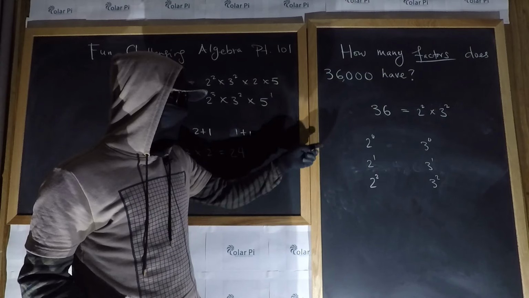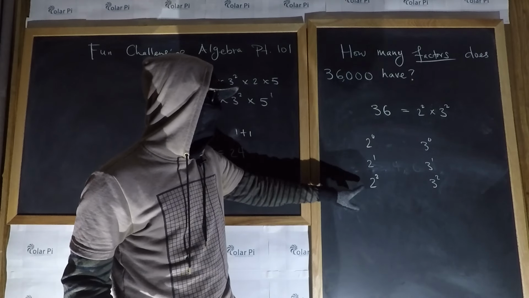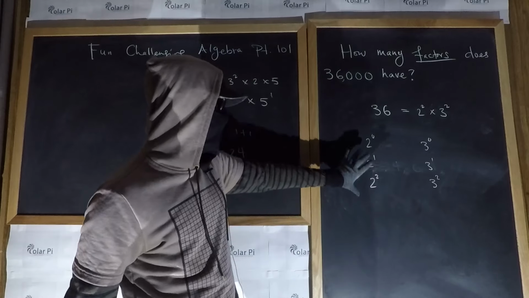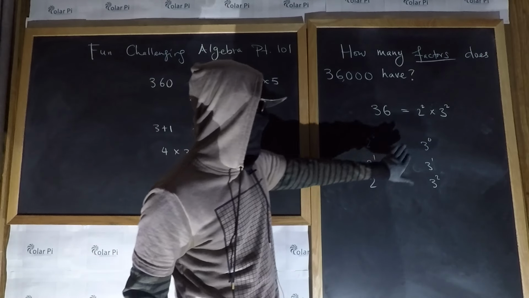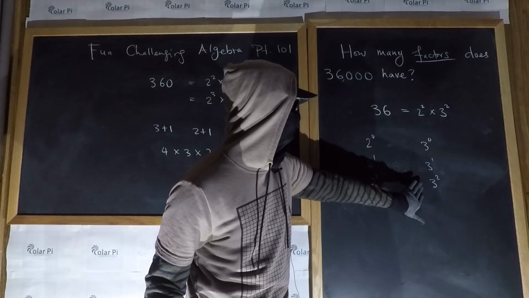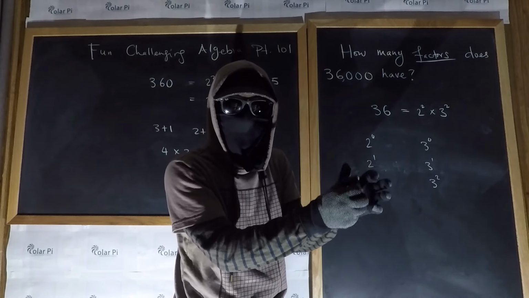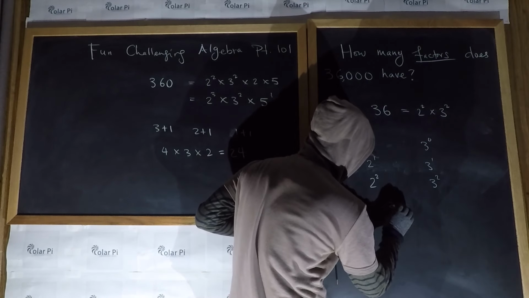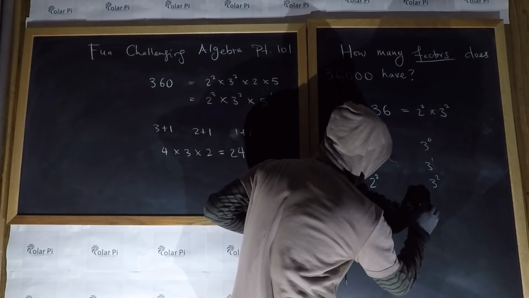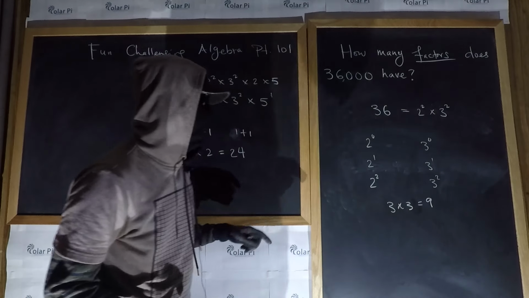Now you should understand why we add 1 to each of the powers: there are 3 possible powers of 2 we can use, and 3 possible powers of 3 we can use to cook up factors of 36. So we have a total of 3 times 3, or 9 possible factors.